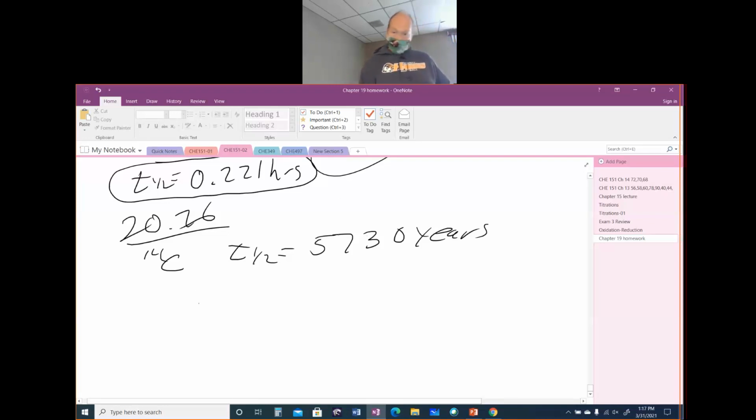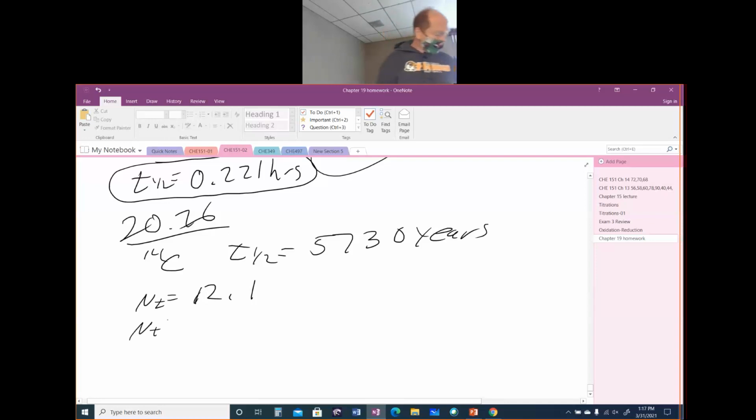You run a sample of that, and you find that you have 12.1 disintegrations per minute per gram of carbon. You know that this is your N at time t.